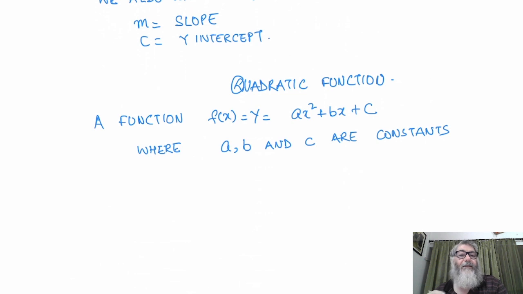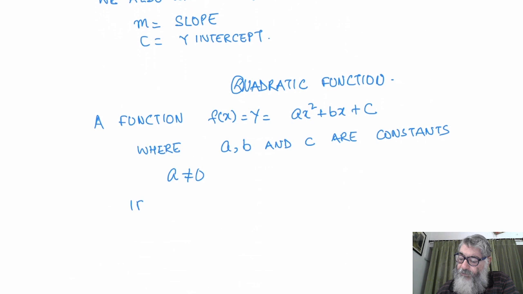And like in the linear function, where we had a condition that a cannot be equal to 0, here also a cannot be equal to 0. Because if a becomes 0, it will convert to a linear function. It will not be a polynomial of the second degree.